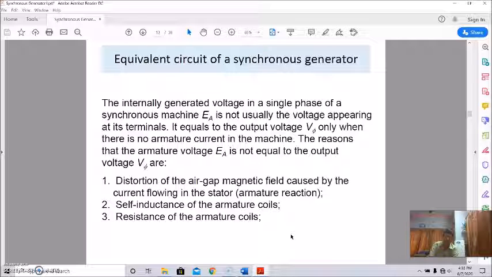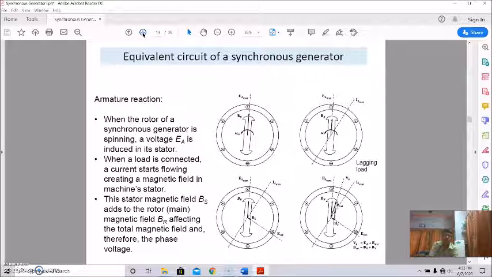Due to these, the open circuit or no load voltage will be less than the internally generated or excitation EMF EA or EF, whatever it is.